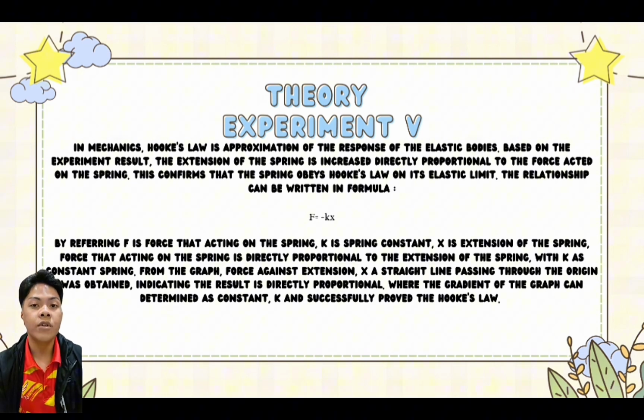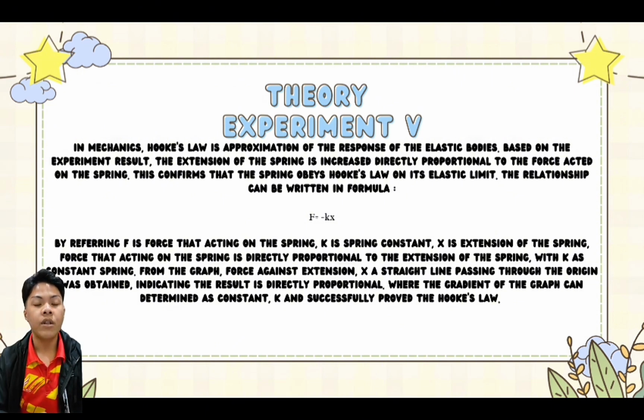From the graph we obtained, force against extension, F against x, a straight line passing through the origin was obtained, indicating the result is directly proportional. So our graph gives a line like this.